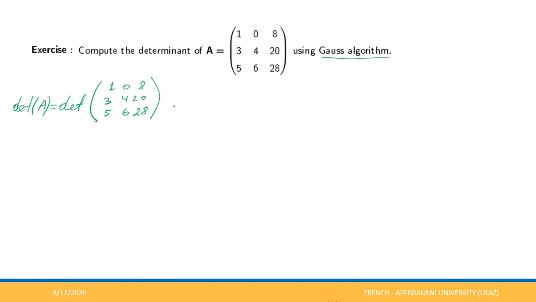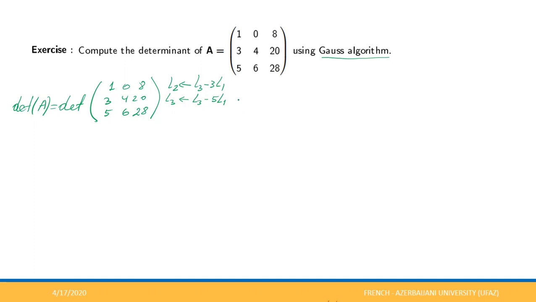Okay. You see the first element is different from 0. First I will try to cancel the first elements of the second row and third row. Because of this I will use these elementary operations. Instead of second row, second row minus 3 times first row, and instead of third row, third row minus 5 times first row.